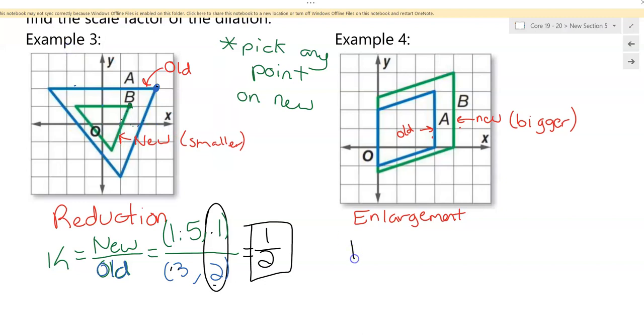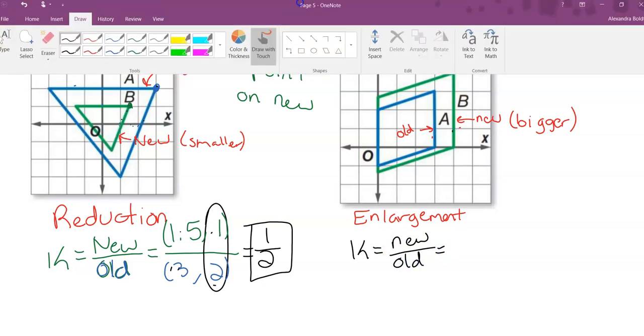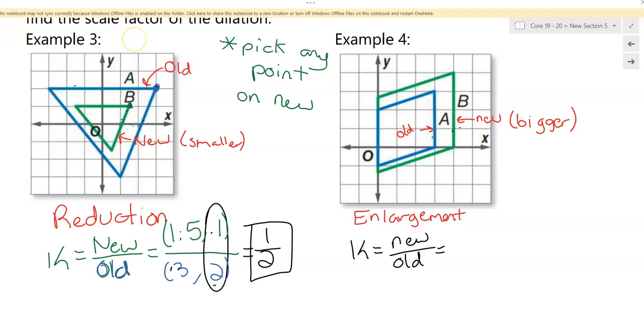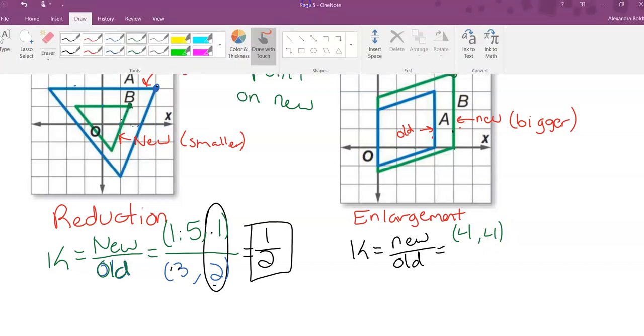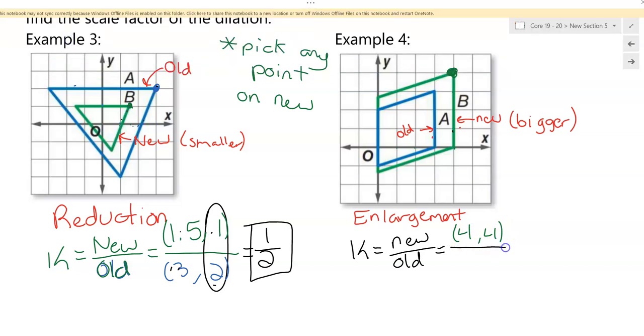So K equals new over old. Well, my new is my B, so I'm going to choose any point on B. And I'm going to choose this point here. Doesn't matter. Okay? 1, 2, 3, 4. 1, 2, 3, 4. So that's 4, 4. Over.